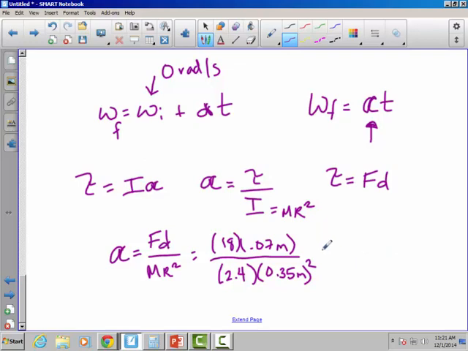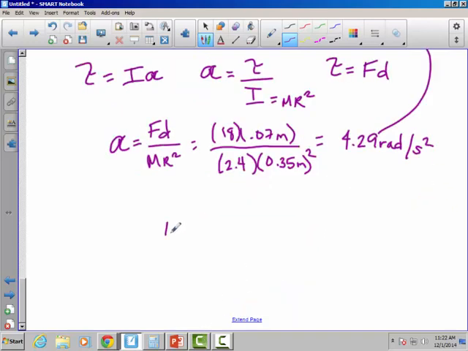So when we put this into our calculator, we can find our angular acceleration, and it's 4.29 radians per second squared. And then all we have to do is plug that into here with our 5 seconds, and we get a final angular velocity of 21.4 radians per second.